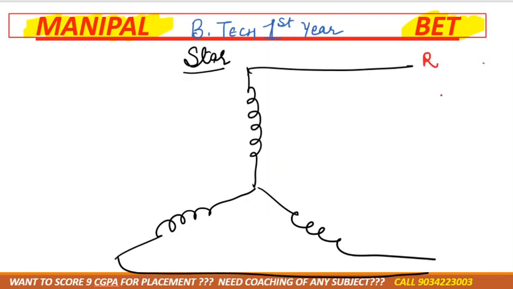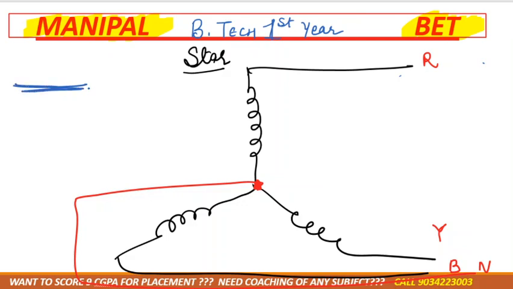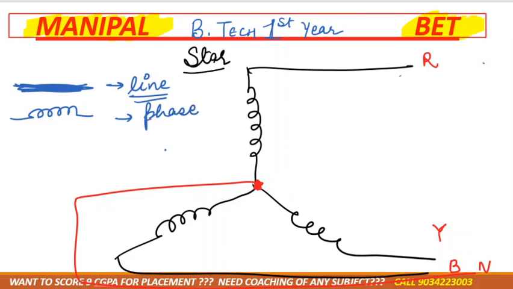One wire is red, another wire is yellow, another wire is blue, and where all the wires are connected, that point is known as neutral, and neutral is denoted by N. In this case, a plain wire is represented by line, and a winding wire will be represented by phase. Understood this thing?